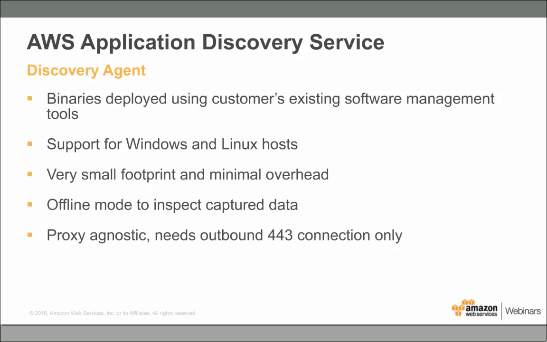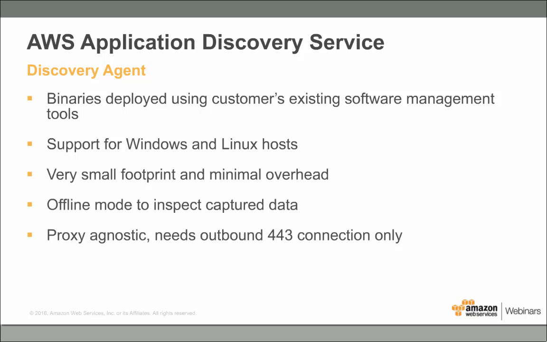And the last thing that I want to talk about is that the Discovery agent itself is proxy agnostic, which means the agent itself doesn't require any configuration. If the underlying host can reach out to the internet on port 443, either direct or through a proxy, the agent will communicate. Let me say that one more time.